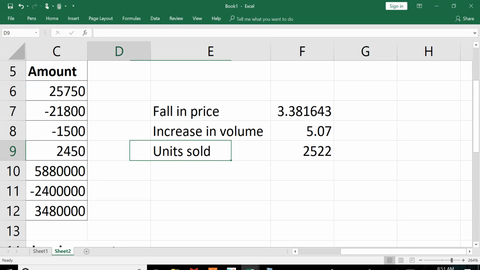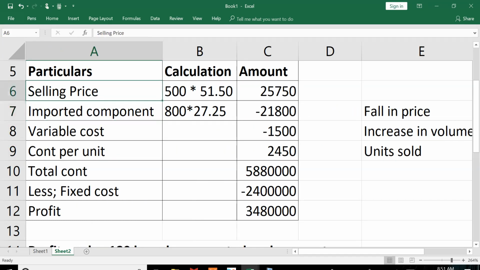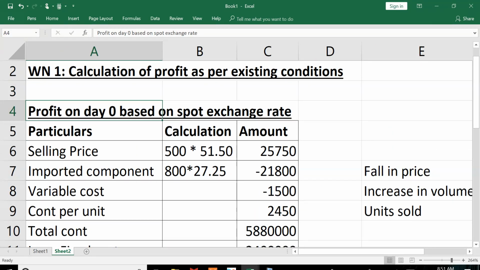Now listen. You are going to recreate this statement, profit on day 0 based on spot exchange rate, just that it is 2522 units. Take care of the selling price changes and all.